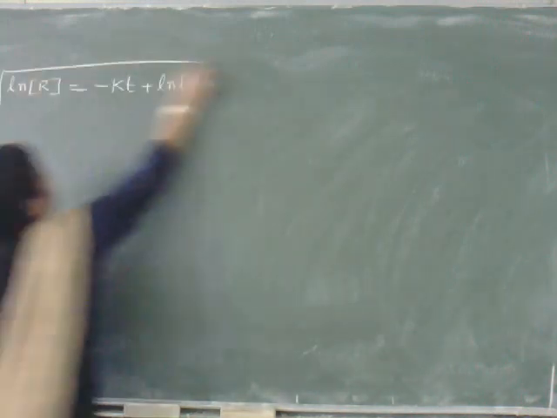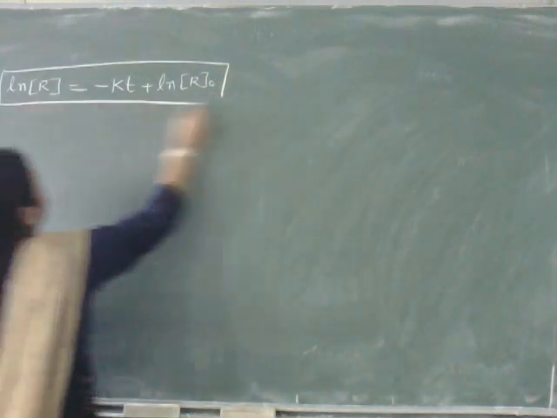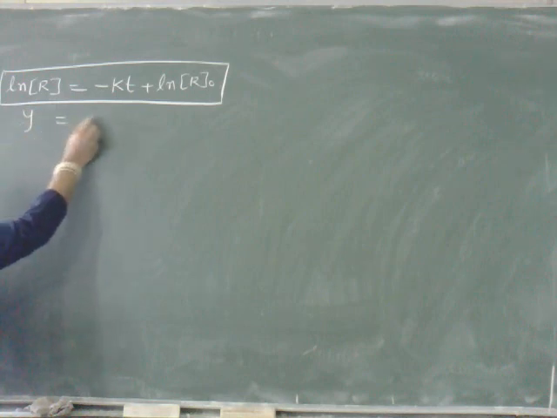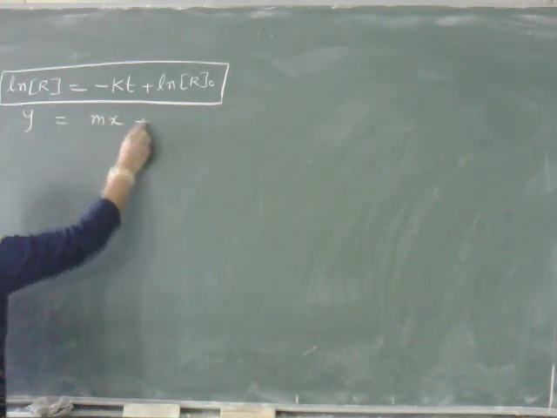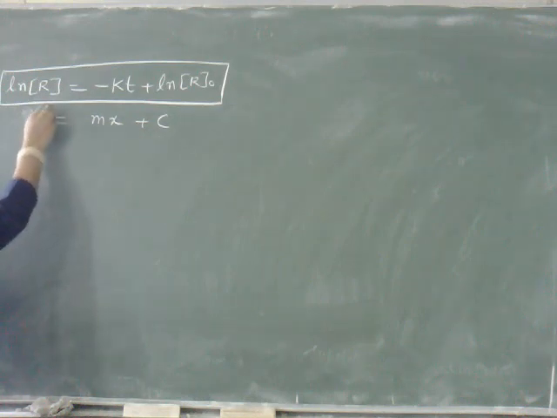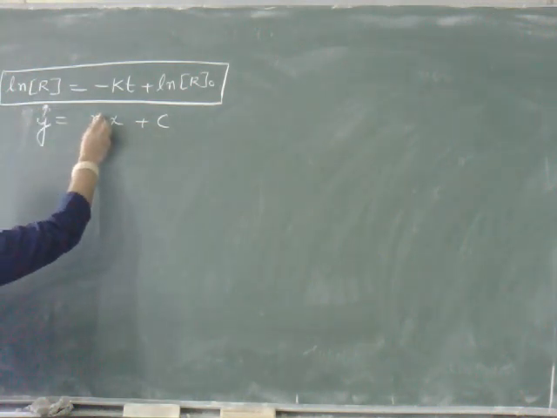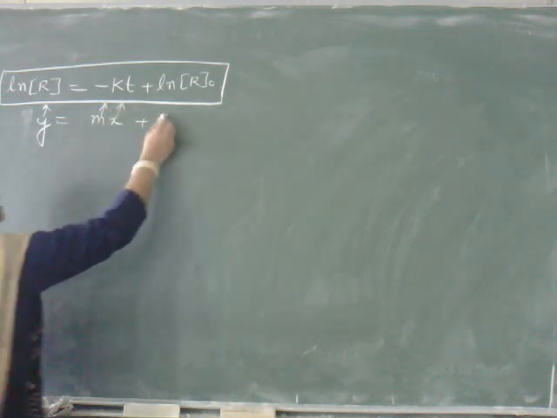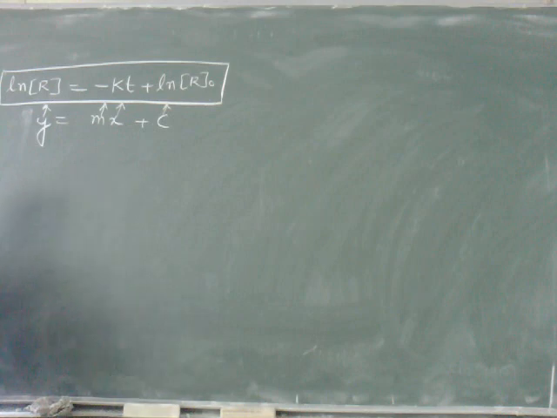This equation we have got: ln r is equal to minus kt plus ln r naught. Okay, so this is nothing but y is equal to mx plus c. So on the y-axis we have ln r, and m is our slope, that is minus k. X is t, and our intercept is ln r naught.